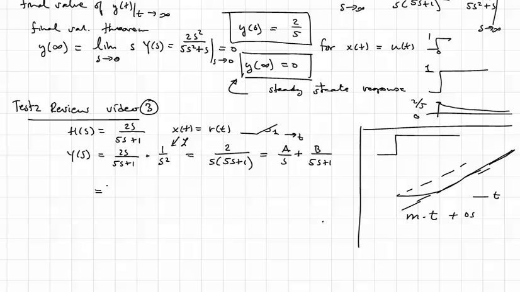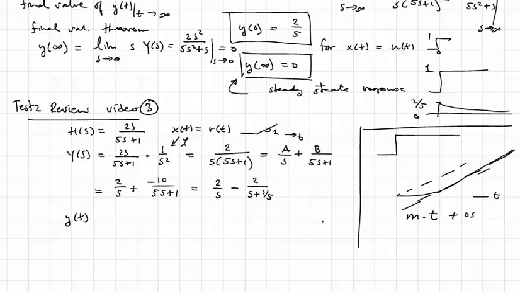That gives us 2 for A. And we cover up the 5s + 1 and plug in minus 1/5 for s, and that gives us minus 10 for B. We should probably reformat this as 2 over s minus 2 over s + 1/5.